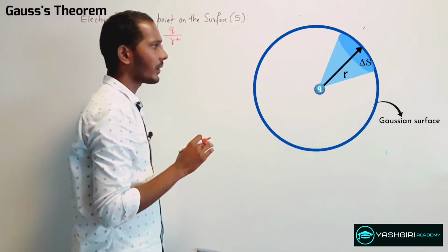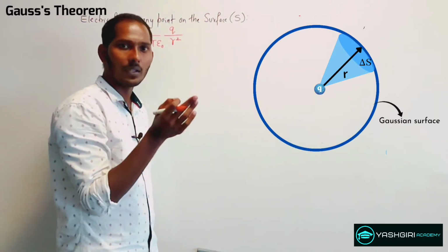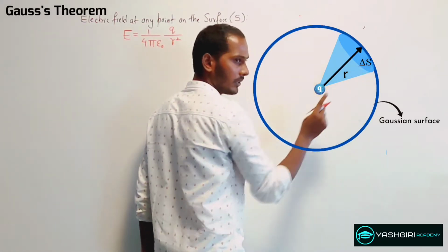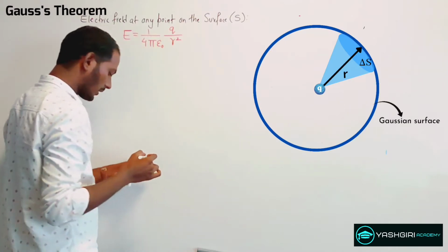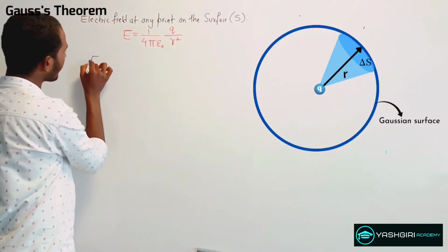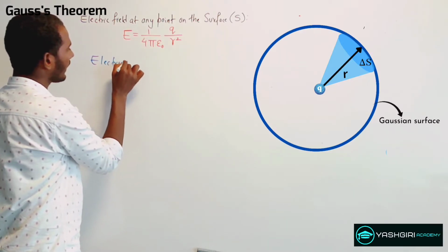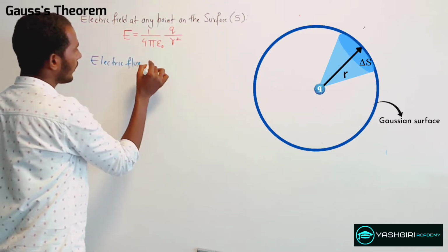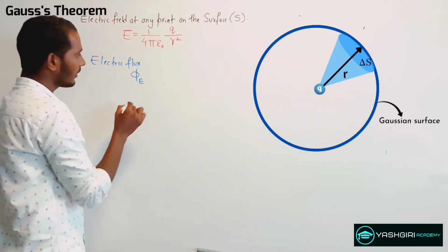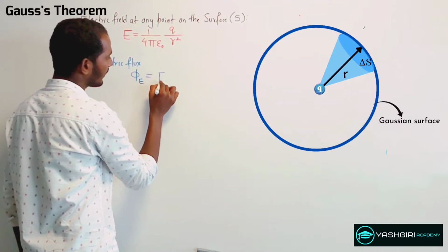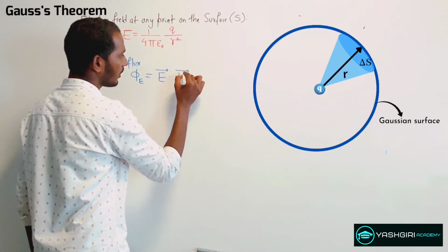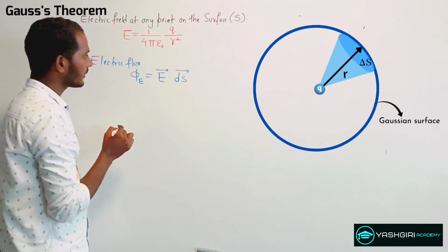If I want to calculate the electric flux through this small area element, we have an expression from the last class: the electric flux phi E is nothing but vector E dot vector ds, which is a small area element, correct?